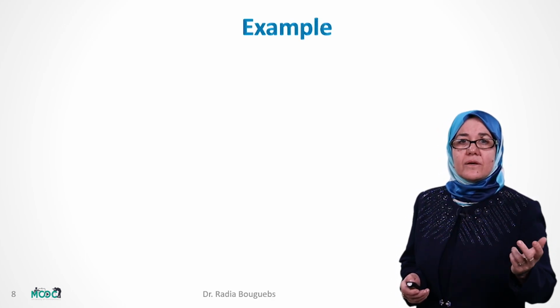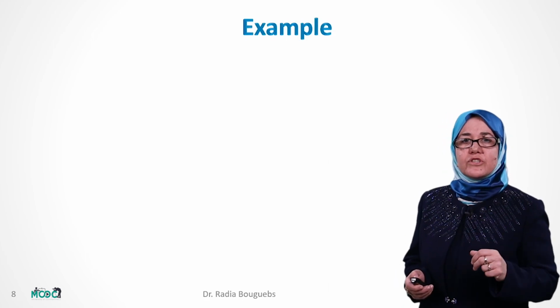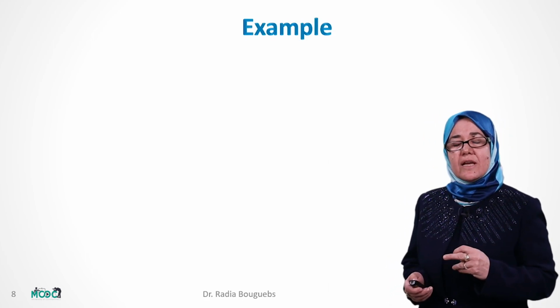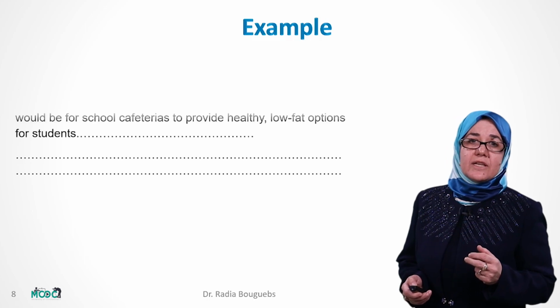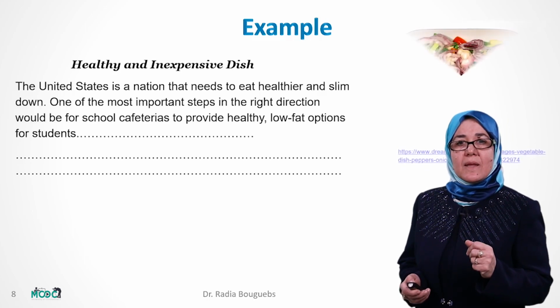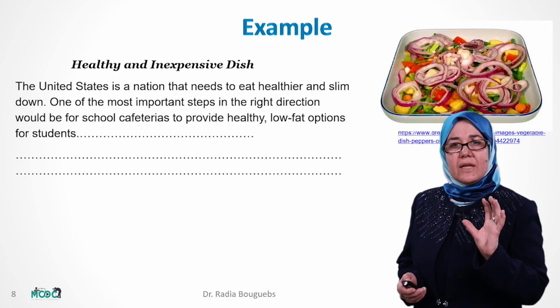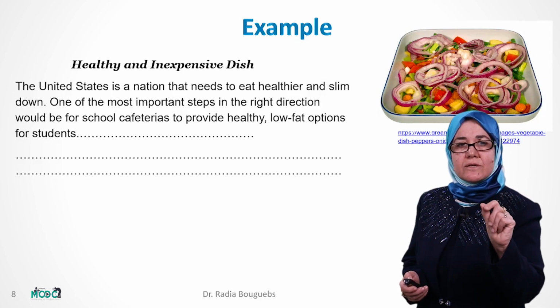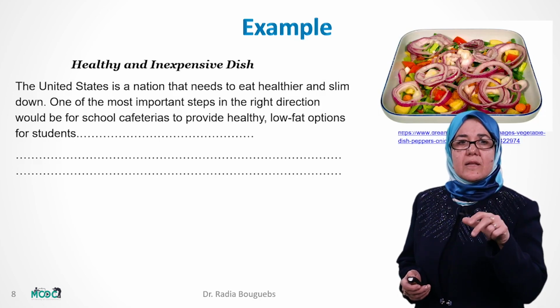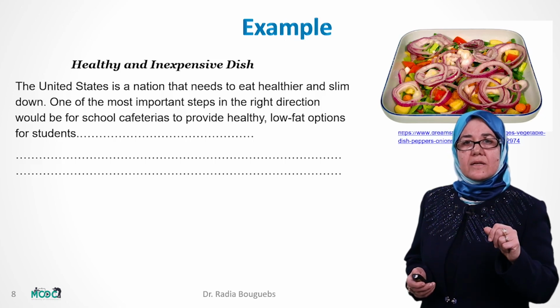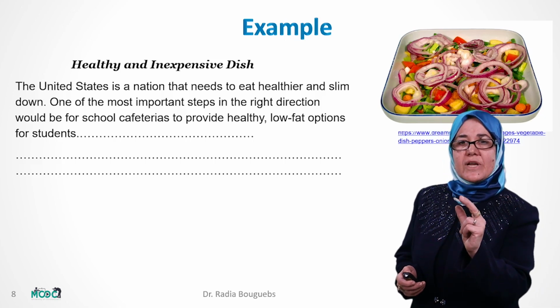Before moving to the second stage of reading, we can have this example. As you can see, I have here the beginning of a text, the title and the few lines that this article starts with, and there is a picture and a caption.